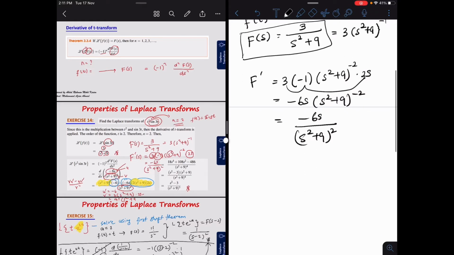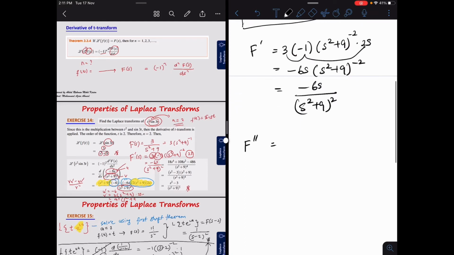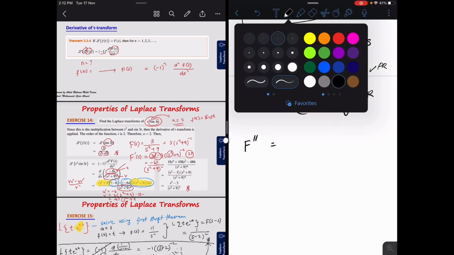This is the answer of our first derivative, but we must go for another derivative. We need to differentiate once again. For this one, you either use the quotient rule or the product rule. Let's use the quotient rule. How to use the quotient rule?